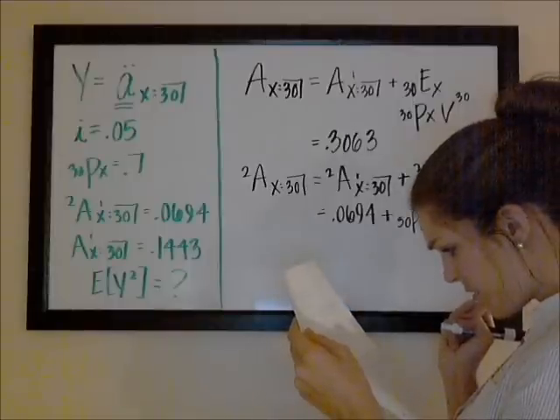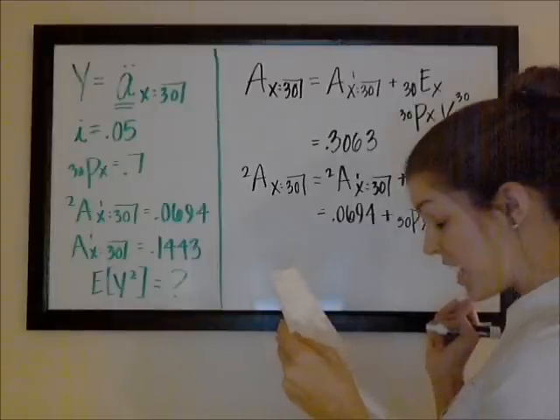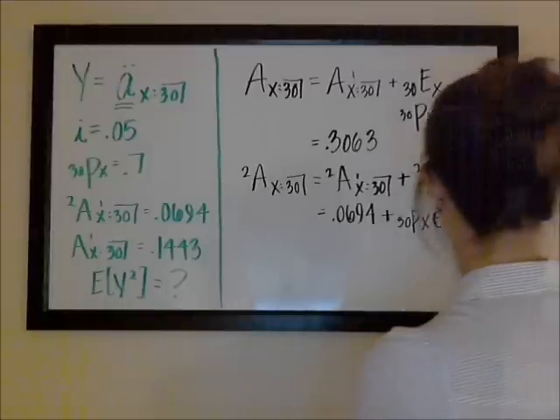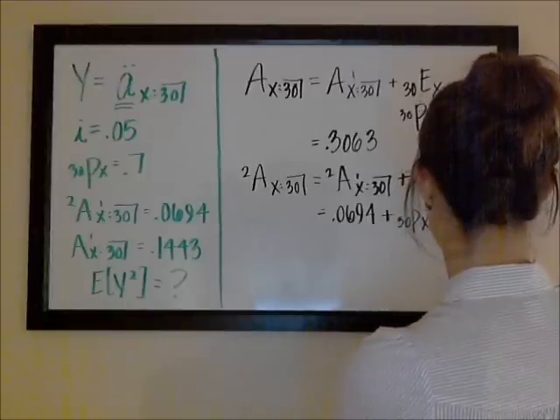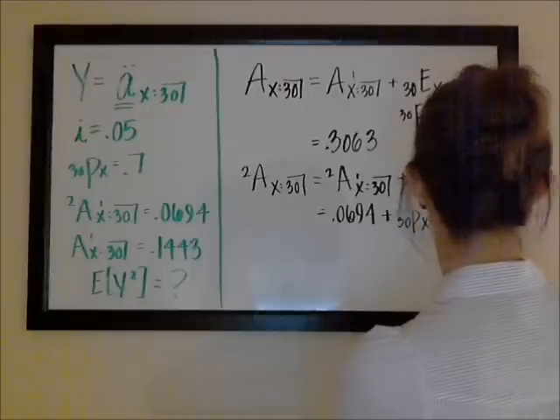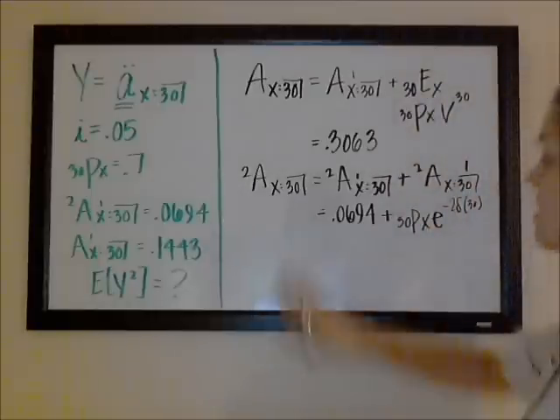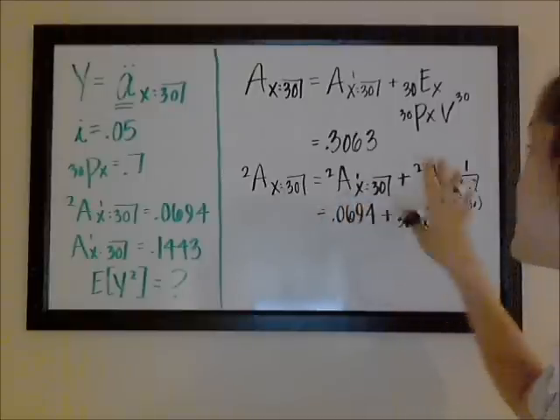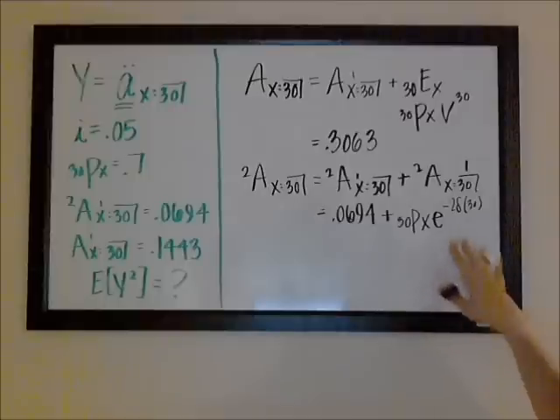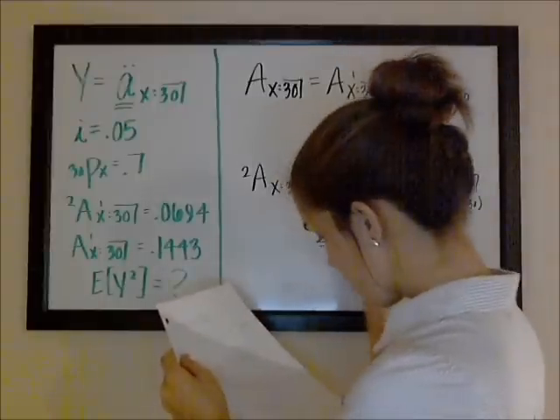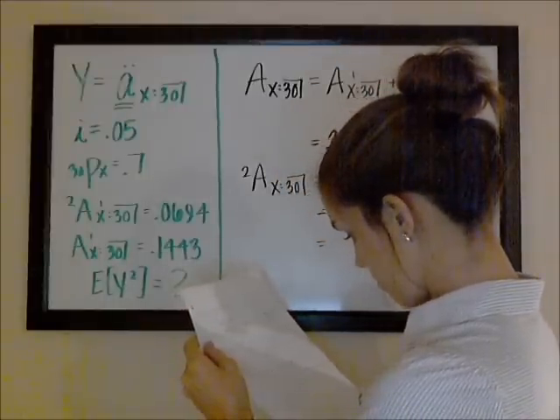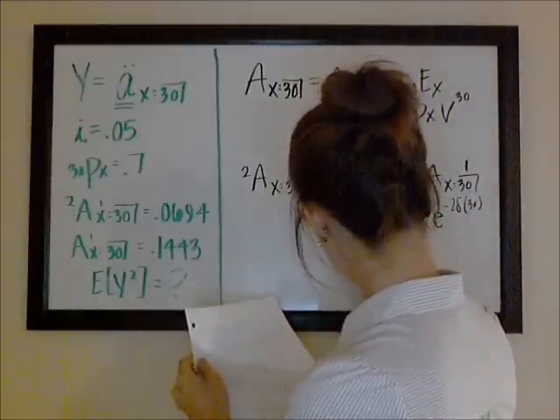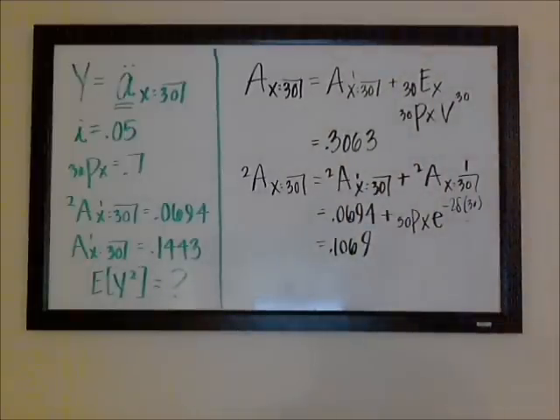I got 0.09758 for delta. So this is going to be e to the negative 2 delta times 30. Second moment of the endowment insurance equals the second moment of the corresponding term insurance plus the second moment of the corresponding pure endowment insurance. And I got 0.1069 for that.